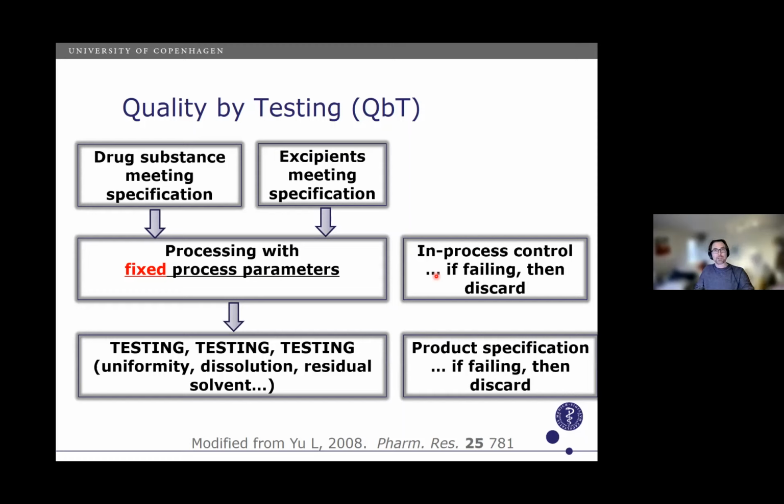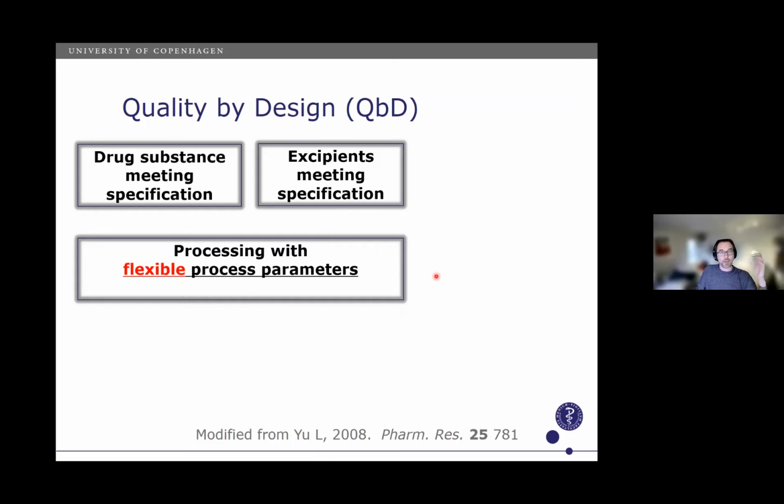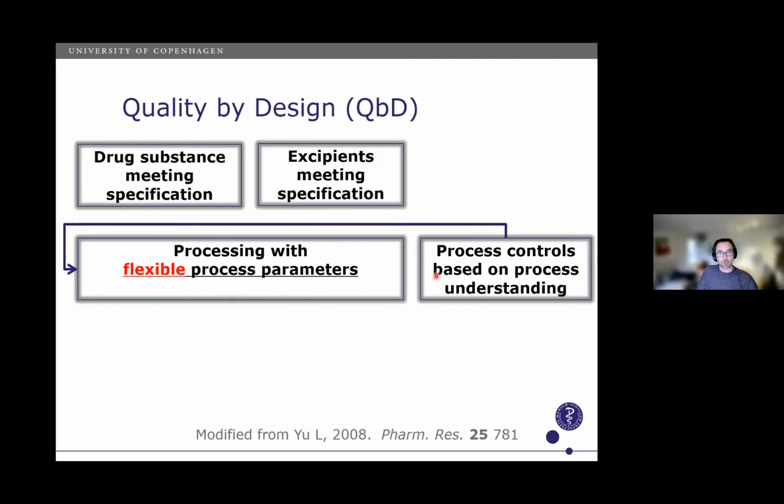So if we contrast this scenario here, this is something that we can call quality by testing. So if we would like to go with quality by design approaches, then we allow flexibility in these process parameters. So we have process control routines that allow you to change process parameters during processing. So for example, if your granules are not drying in the fluid bed drying process fast enough, it seems that there's something strange happening.